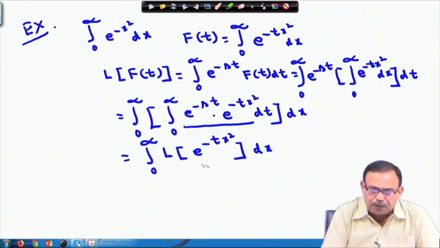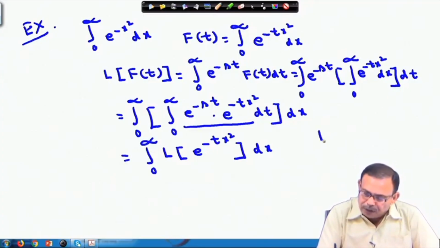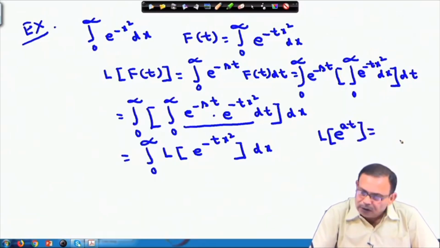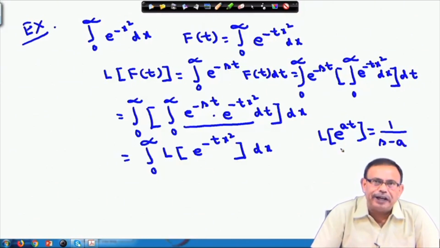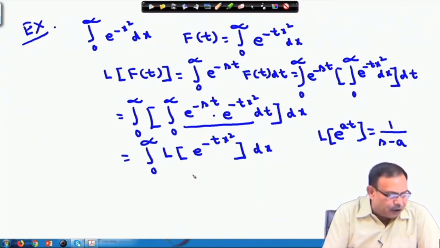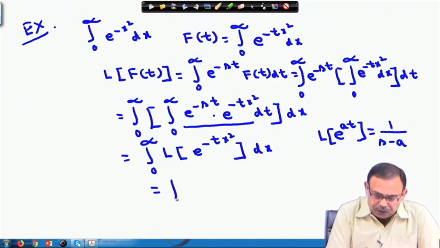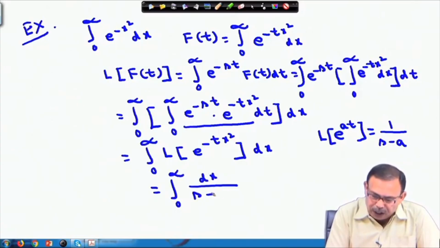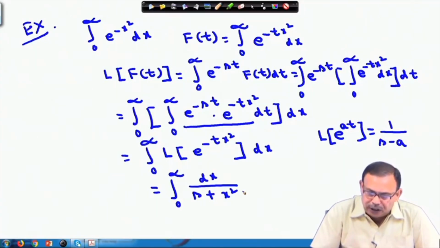I know the Laplace transform of e to the power a t is 1 by s minus a. So this I can write as the integral from 0 to infinity of dx by s plus x square, where here a is minus x square.